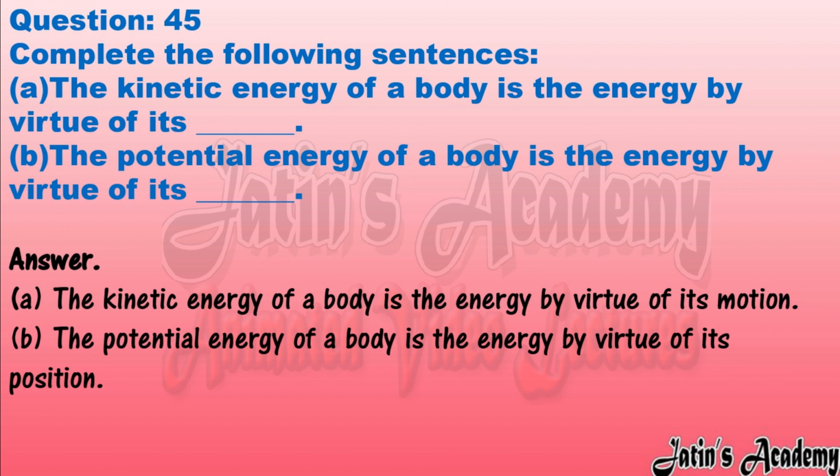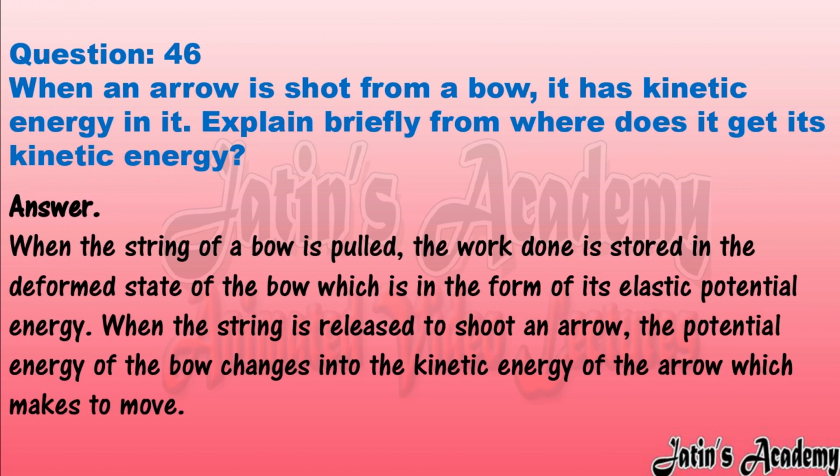Question 45. Complete the following sentences. First, the kinetic energy of a body is the energy by virtue of its motion. Second, the potential energy of a body is the energy by virtue of its position. Question 46. When an arrow is shot from a bow, it has kinetic energy in it.